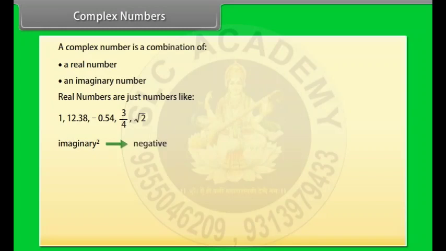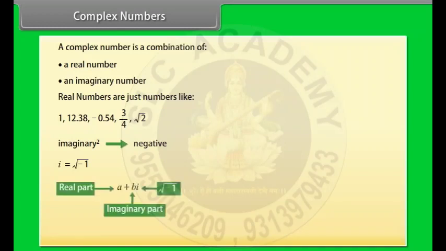The unit imaginary number is i, that is iota, which is the square root of -1. a plus b iota is a complex number, a combination of a real number and an imaginary number. Examples are 1 plus iota, 39 plus 3 iota, -2 plus pi iota, square root 2 plus iota by 2.